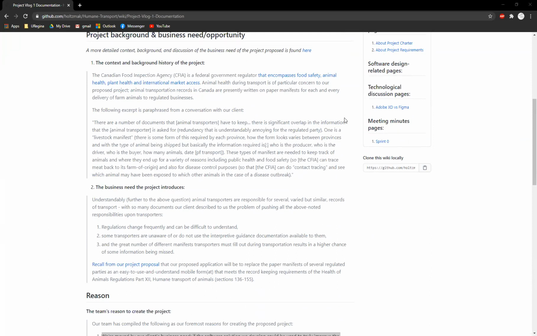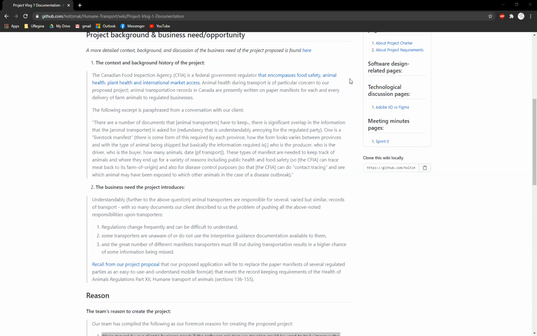Yeah, I'll do it. So the background basically for this project is we're working with Canadian Food Inspection Agency, CFIA, and they basically look after the animal transportation rules and regulations, and they have to keep track if the transporters are following all the rules and regulations. But the problem is all the information forms are manual.